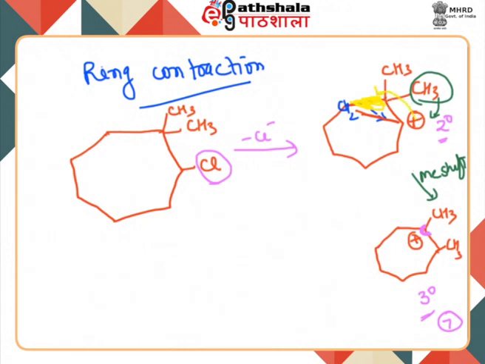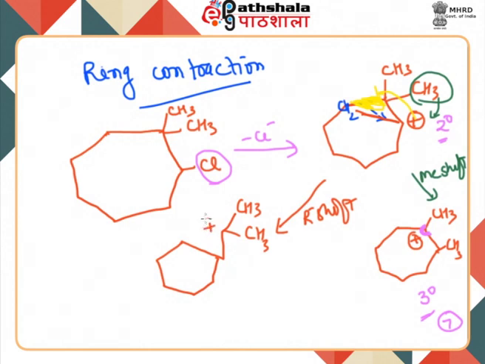So when you do this alkyl shift, what we get is this carbocation, and you can clearly see that now this is a 6-member cyclic ring and the carbocation we have formed is tertiary.